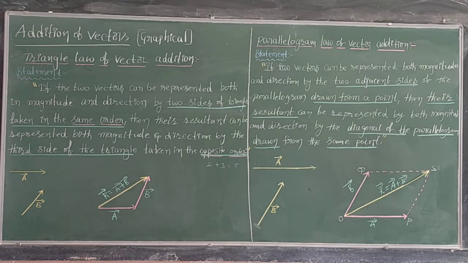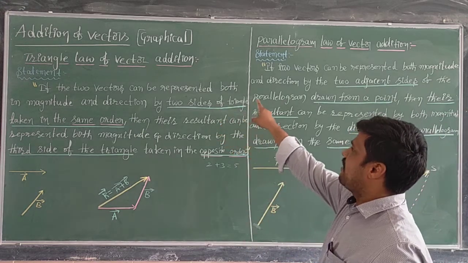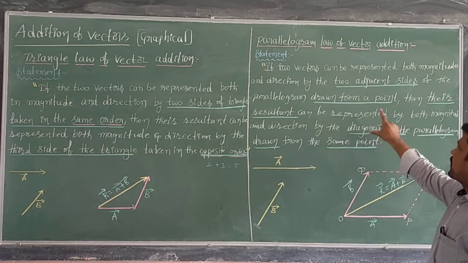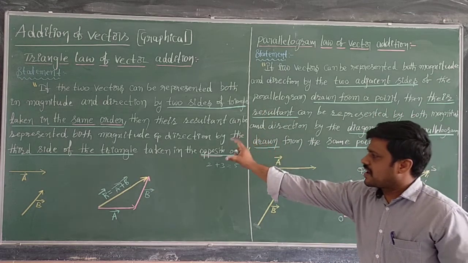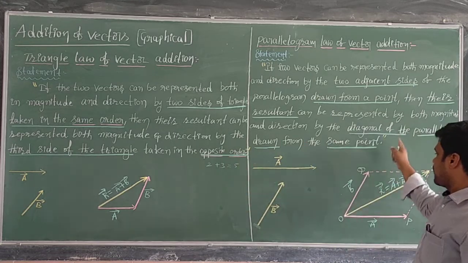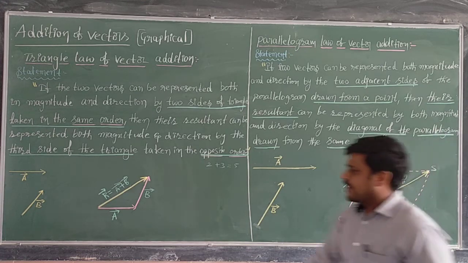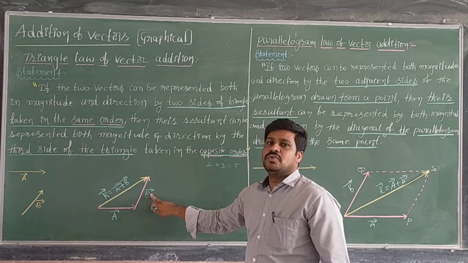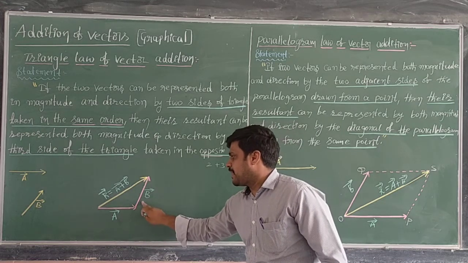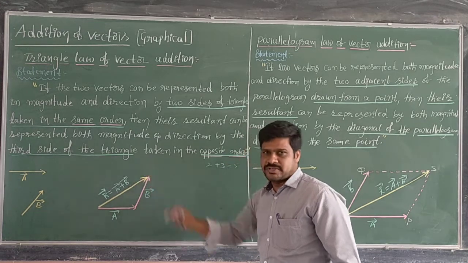To add two vectors, I have two laws. One is the triangular law of vector addition, the other is the parallelogram law of vector addition. In the triangular law, two vectors can be added like this. In the parallelogram law, two vectors can be added like this. Here, two vectors are taken as two sides of the triangle in the same order, then the resultant is the third side of the triangle in opposite order.